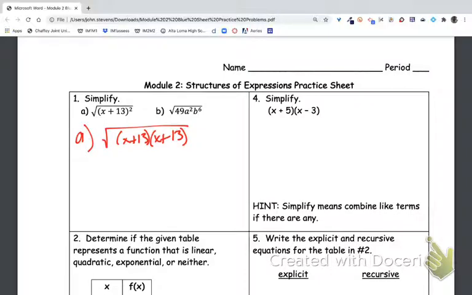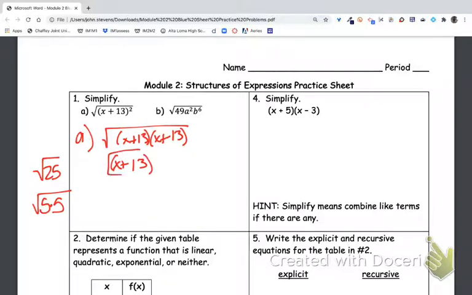Now, if I were to ask you what is the square root of 25, my hope is that you would say 5, because underneath the radical we have 5 times 5. We can pull out one of those since there's a pair. Well, for a, x plus 13 times x plus 13 means that when we take the square root of it, we can simplify it down to simply x plus 13.